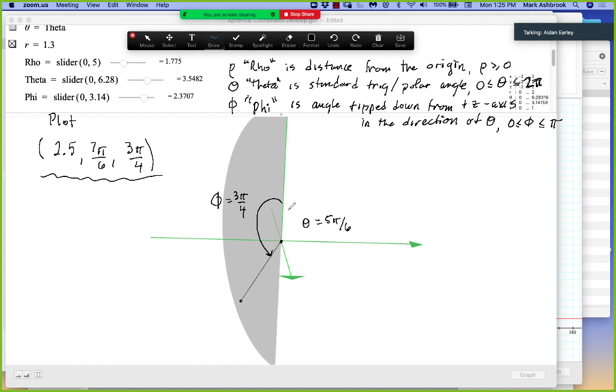Why is it 5 pi over 6, not 7 pi over 6? It is 7 pi over 6. Sorry, I just wrote it wrong. Thank you. Good.